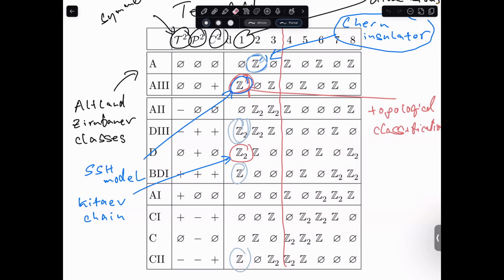Right, so the intuitive reason is that when you have some state that is moving to the left and another state that's moving to the right, then you could have some perturbation that scatters you from one state into the other. And so that wouldn't be a protected edge state anymore, because scattering will give you some resistance and can make an insulator out of that.